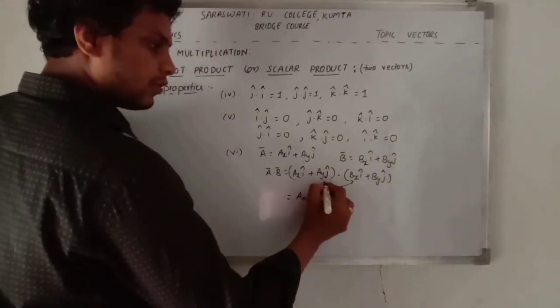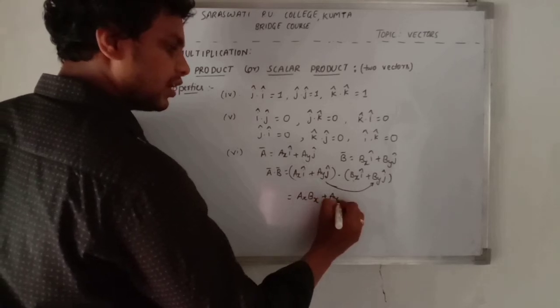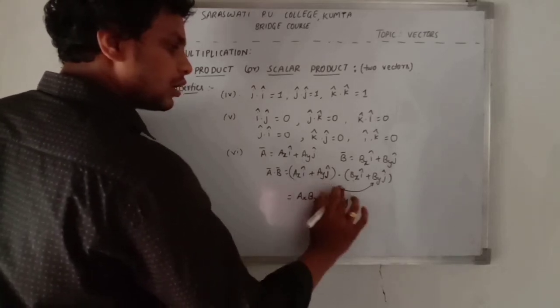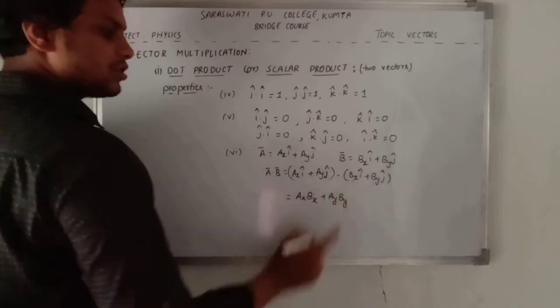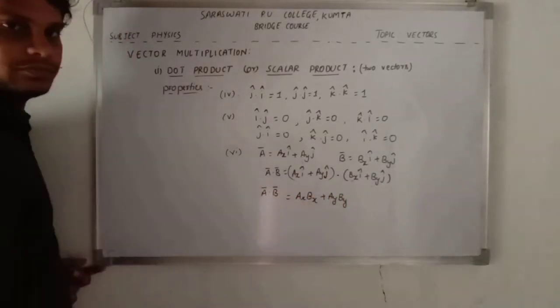Now plus a by, so I'll take this as a by, and this is j dot j, so j dot j is 1, so a bar dot b bar value is this value.